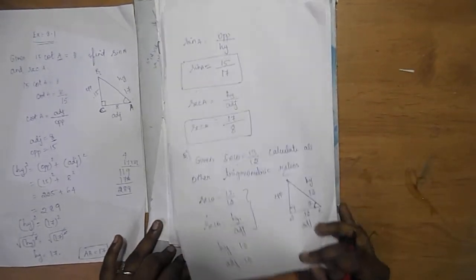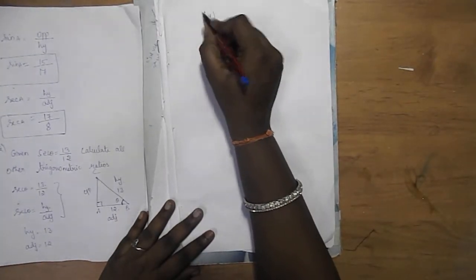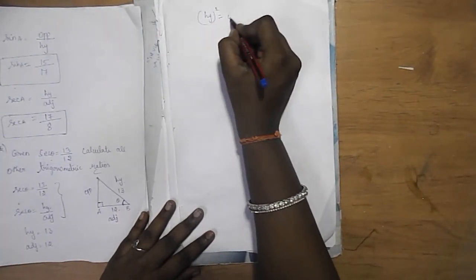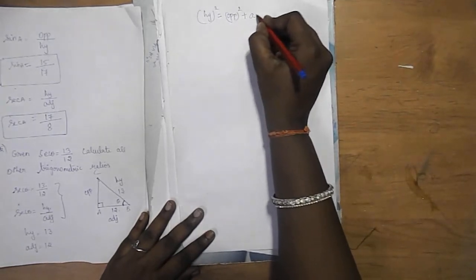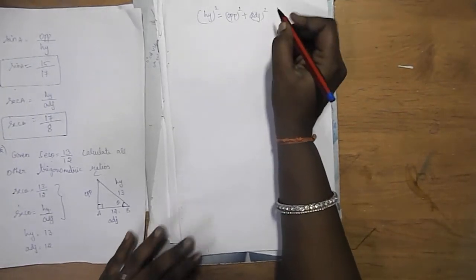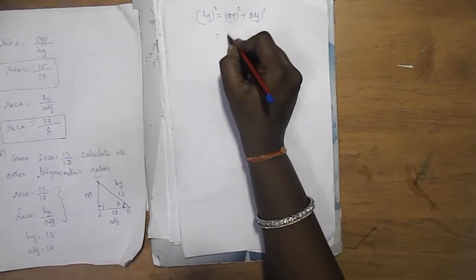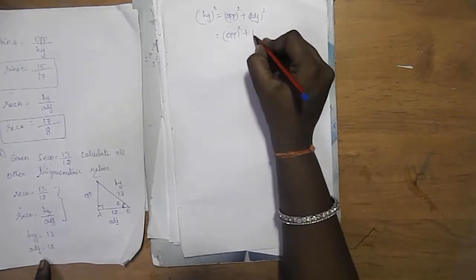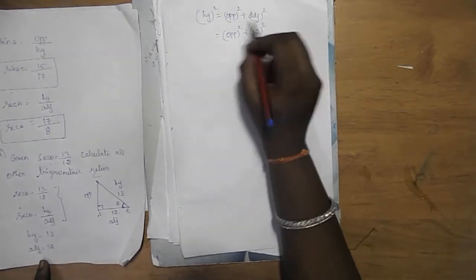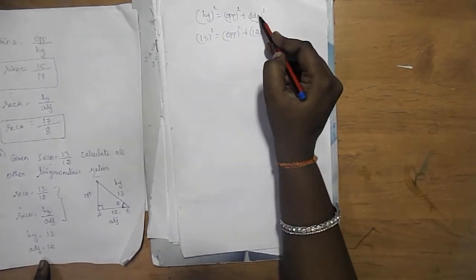Using the Pythagoras rule, hypotenuse square equal to opposite square plus adjacent square. So where opposite value is to be found. Adjacent value is 12, so 12 square. Hypotenuse value is 13, so 13 square.